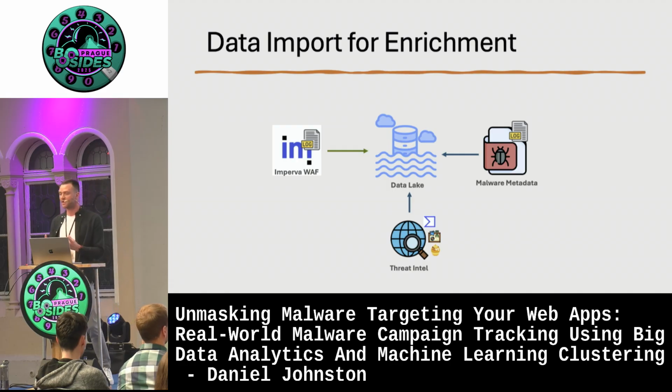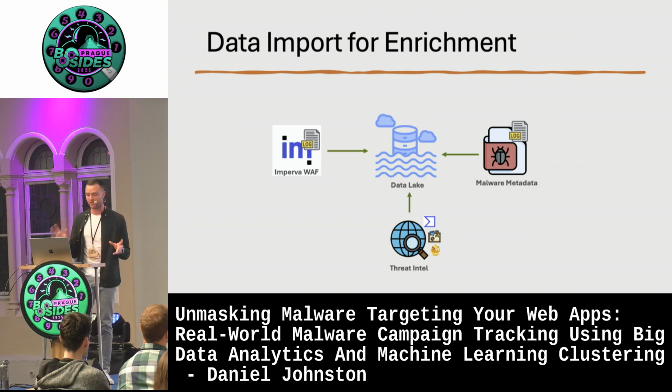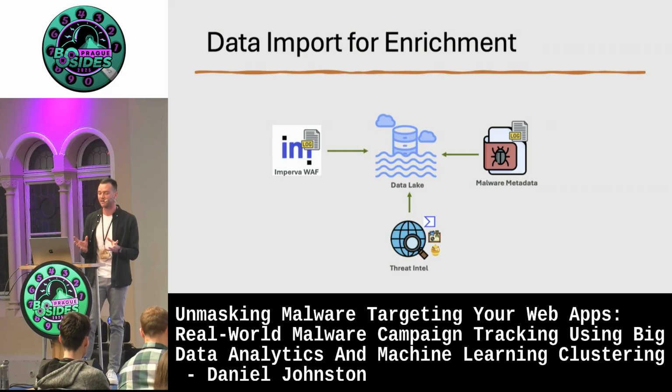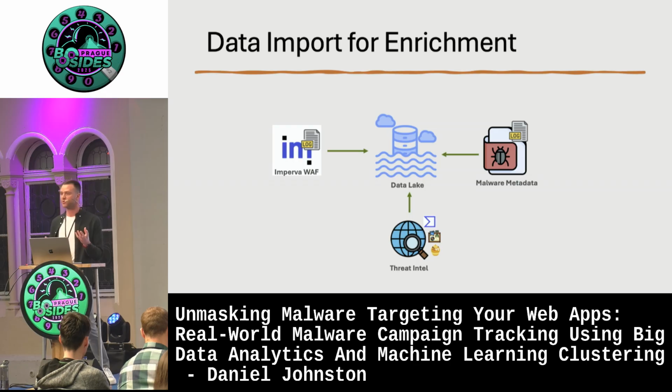We create metadata for each of those samples, and we re-import that into the data lake to be able to cross-correlate between the web application attacks and the malicious samples. Then the final piece is the enrichment from threat intelligence sources, where we enrich from places like VirusTotal, sandboxes, and honeypots in order to get a rich volume of data that we can then apply further processing to and extract value from it.